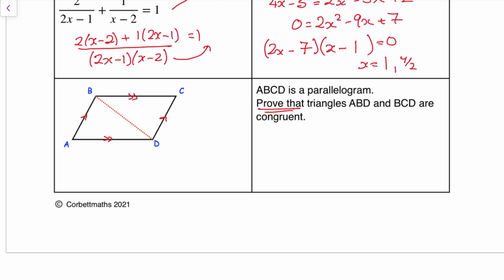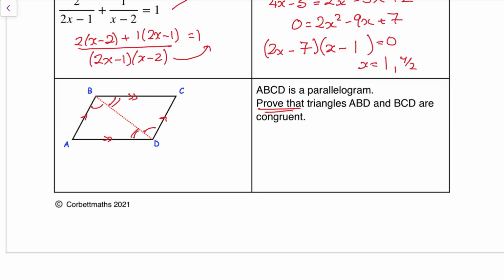So what I'm going to do is try and argue that these are ASA triangles. And the way I'm going to do that is I'm going to argue that these angles here are the same as these angles here, and then also state that one of the sides, or two of the sides, are also equal as well. So there's a couple of ways I can do this actually, which makes it not too bad.